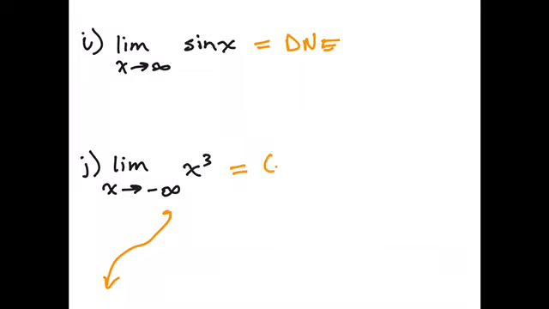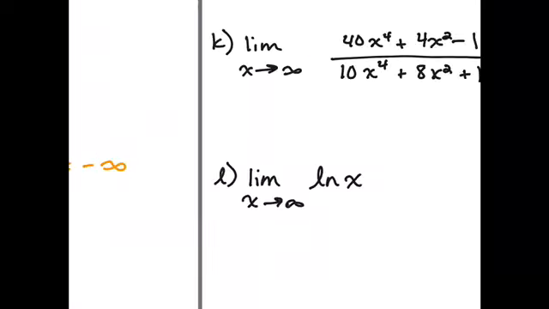But if we just plug that negative infinity in, if I cube negative infinity, we're still going to get a negative. And if I cube infinity, I just get a bigger number, so it's still infinity. So we get an infinite limit for that one, meaning there's no horizontal asymptote of the graph of x cubed.